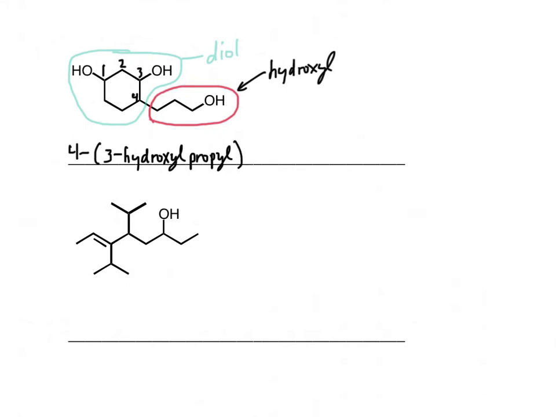So at number 4 we have 3-hydroxypropyl, and I put hydroxyl. Let's just fix that right now. We don't need any of that. So use the handy eraser. There we go. 3-hydroxypropyl. And now it's a cyclohexane parent.